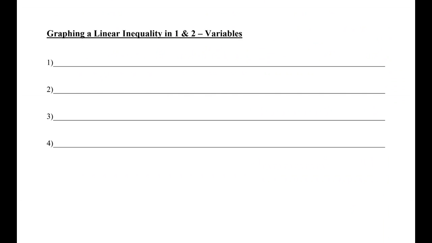Next, we're going to talk about the steps for graphing a linear inequality in 1 and 2 variables. So the first step, if it's in one variable, so just an x or just a y, is going to be to get the variable alone.